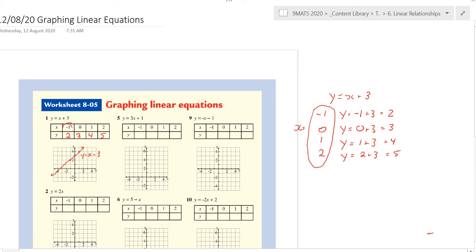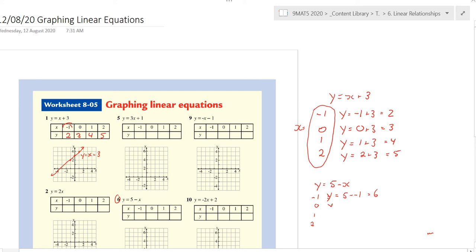If we look at another one, let's have a look at number 6. Y equals 5 minus x. Now I'm going to do the same thing. My values are minus 1, 0, 1, 2. So substituting in my equations, I have y equals 5 minus minus 1, which is equal to 6. 2 minuses make a plus.